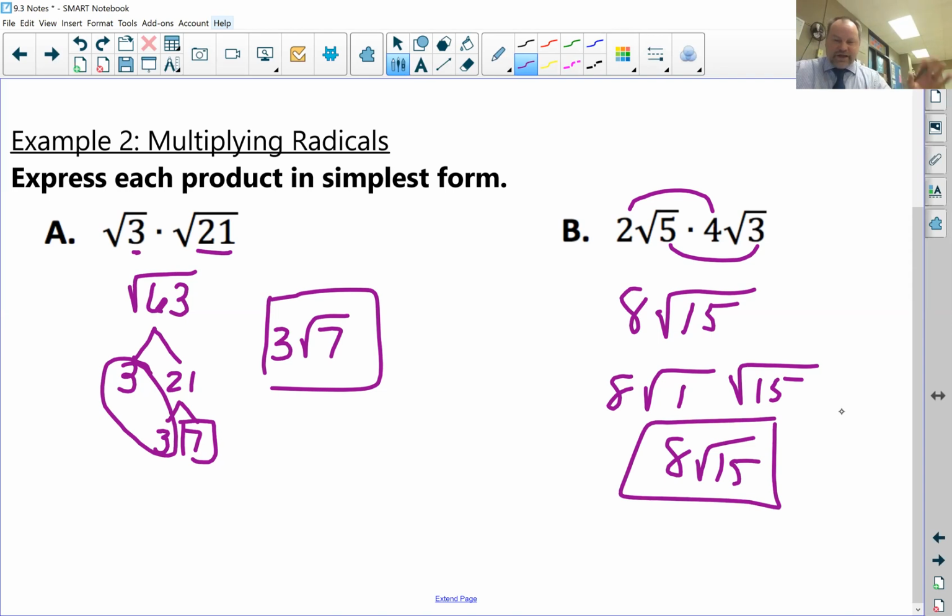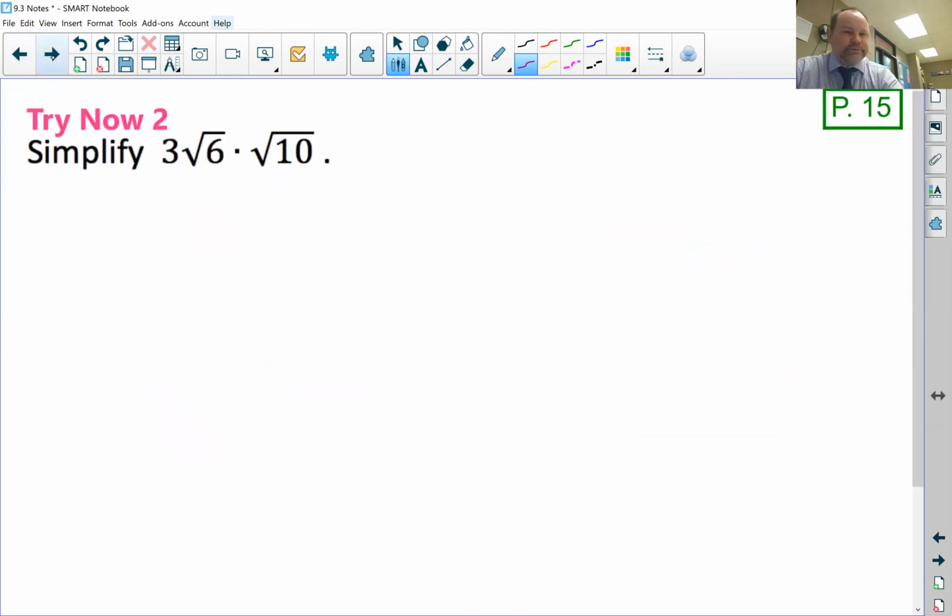So in this case, 8 square root of 15 is your final answer. There were no perfect square factors that we could take out. All right, try this one on your own.